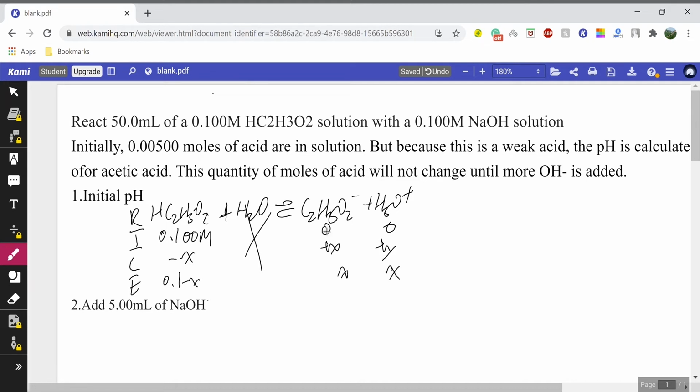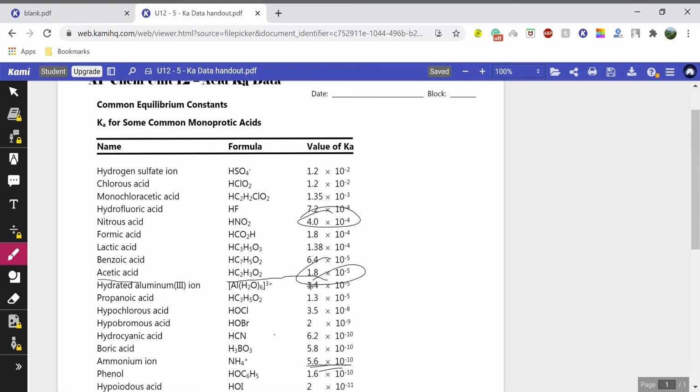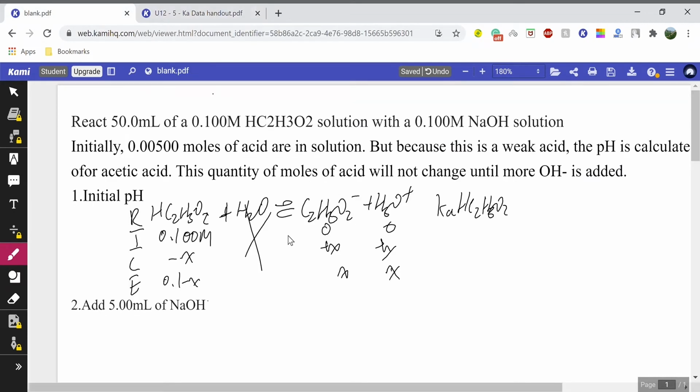Now, what is the Ka for HC2H3O2? The Ka is 1.8 times 10 to the negative fifth. So to produce H3O plus, we don't use Kb or anything. So just do 1.8 times 10 to the negative fifth is equal to x squared divided by 0.1.